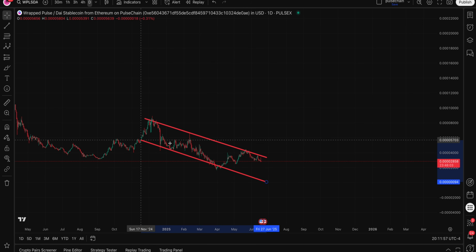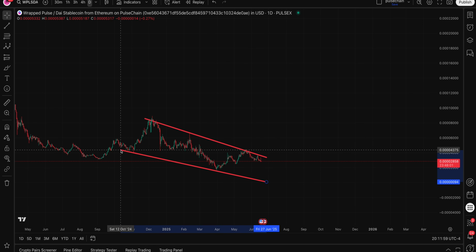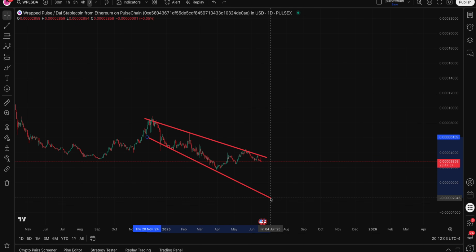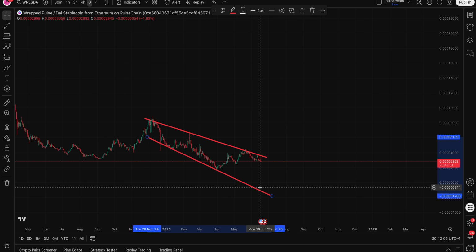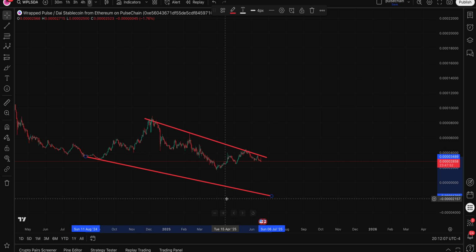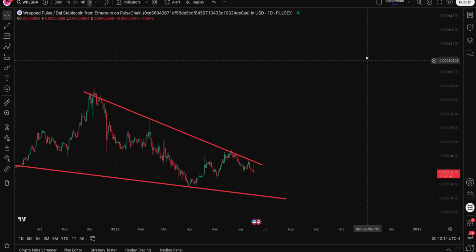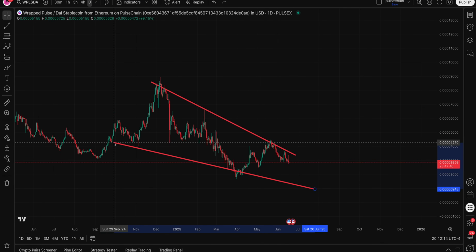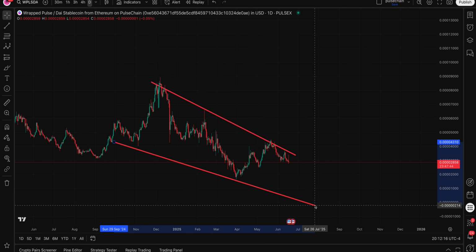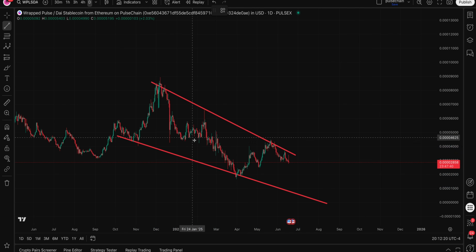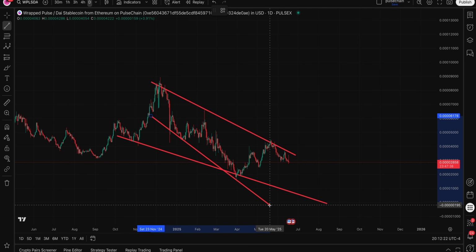It's forming lower highs, and what if price comes down here, or even like right here is where I'm thinking for the bearish scenario. Right? You could do it like that.